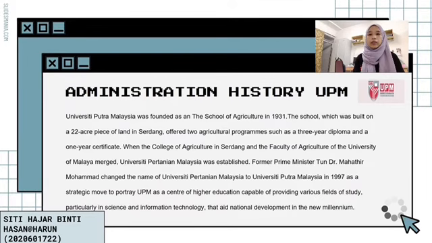Former Prime Minister Dr. Mahathir Mohamad changed the name of the university to University Putra Malaysia in 1997 as a strategic move to portray UPM as a centre of higher education capable of providing various fields of study, particularly in science and information technology that guide national development of the new millennium.